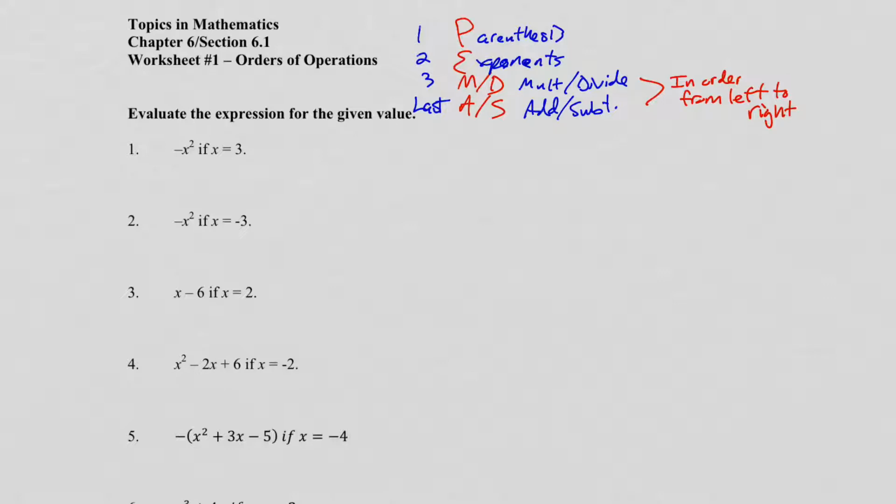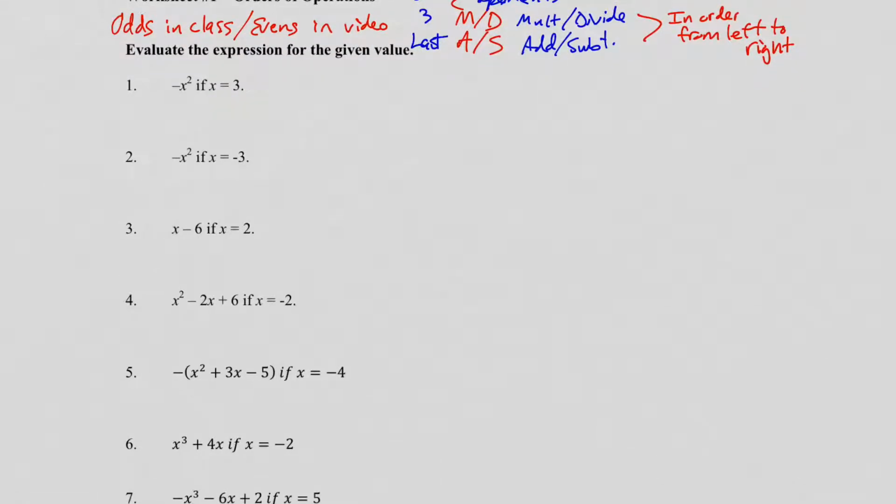So let's go ahead. I'm going to do the evens here. So odds in class, evens in video. Okay. So the word evaluate basically means to find the value of the expression for a given variable. In other words, substitute.